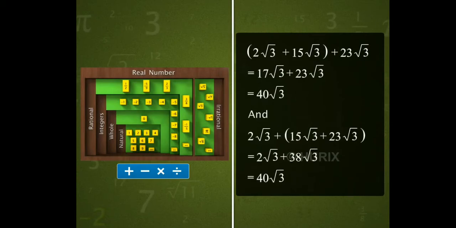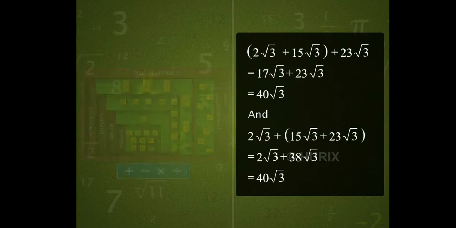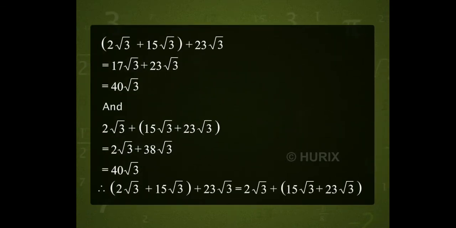Next, let's take another set of three real numbers and see whether the associative property for addition holds true for all real numbers. In this example too, we see that the answer is the same regardless of how the addends are grouped.